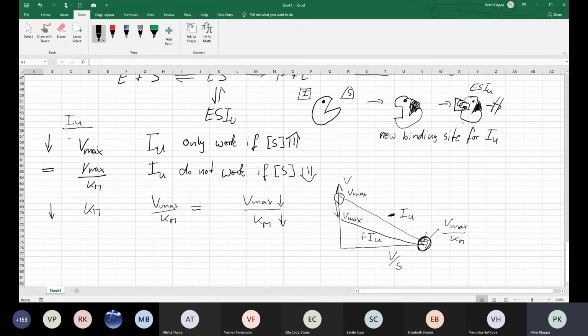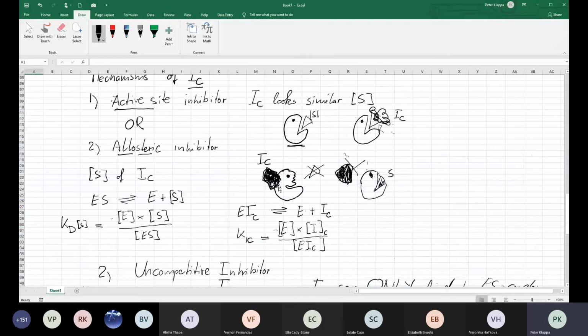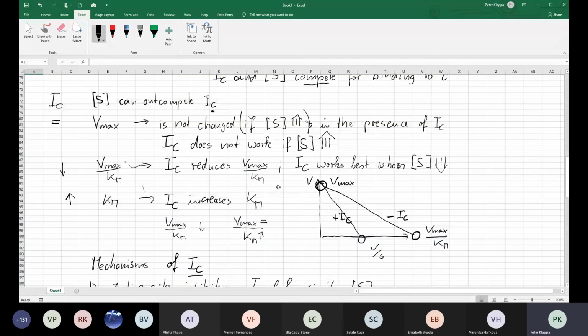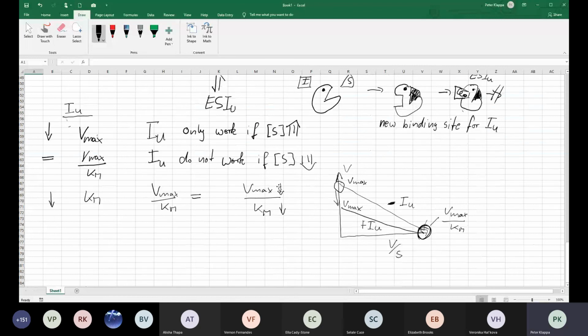So let me just quickly recap. What we have dealt with today were two different kinds of inhibitors. Oh, by the way, where does the uncompetitive inhibitor bind? When we talked about the mechanism, does it bind to the active site or does it bind allosteric?